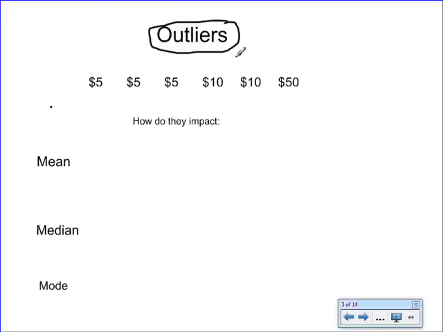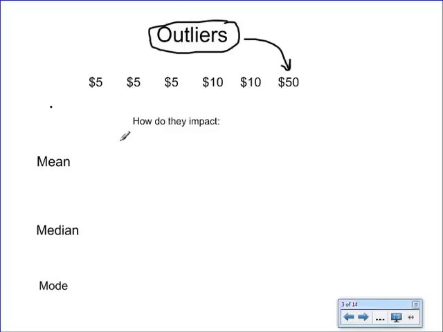Let's pretend I asked some people how much money they had in their pocket, and these are the results I got. I got 3 people with $5, 2 people with $10. Somebody for some reason had $50 in their pocket. So this one is definitely going to be an outlier given the rest of the data.